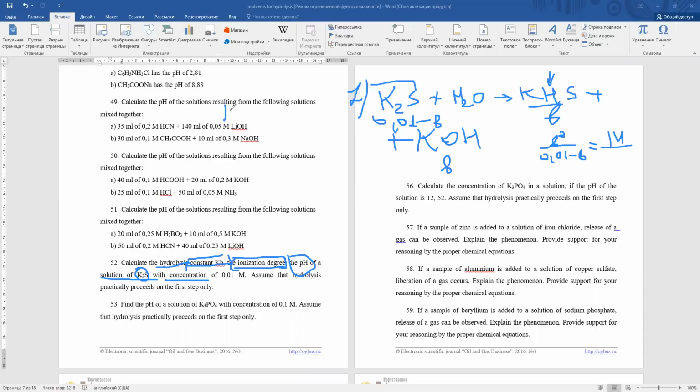First, this salt should ionize into ions, and then it can react with water.